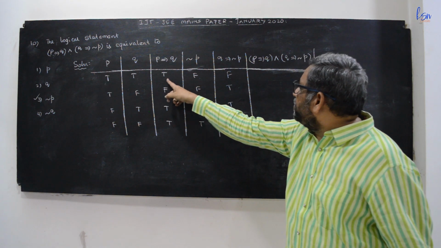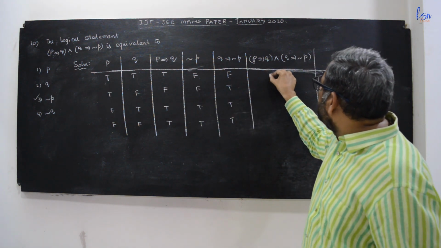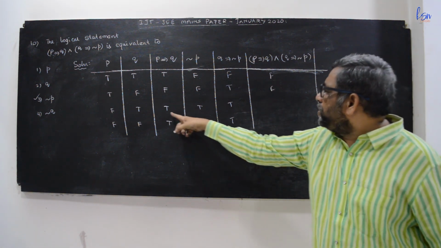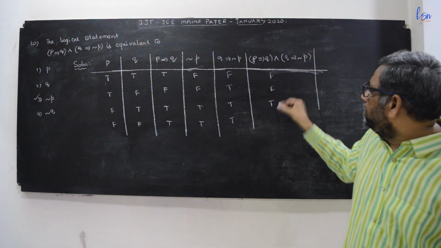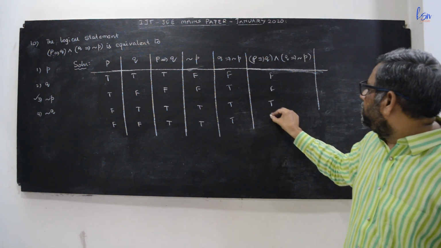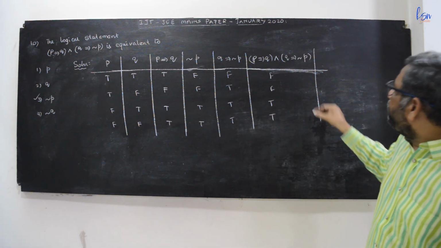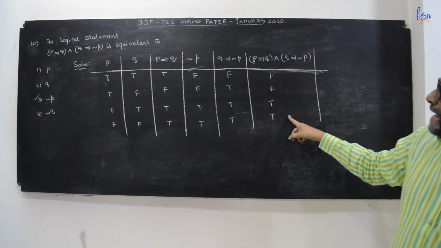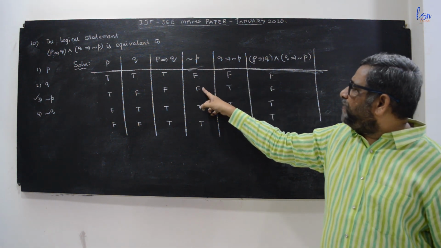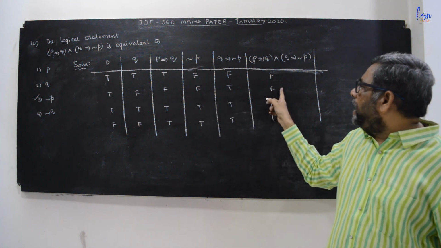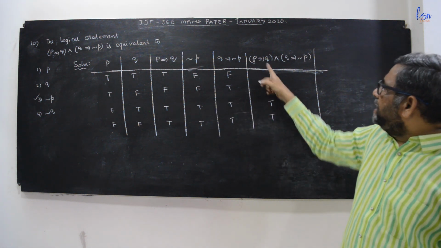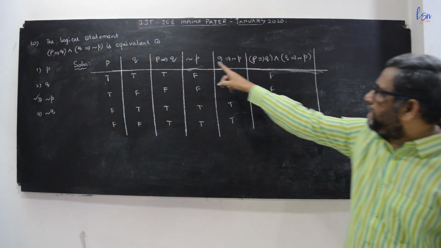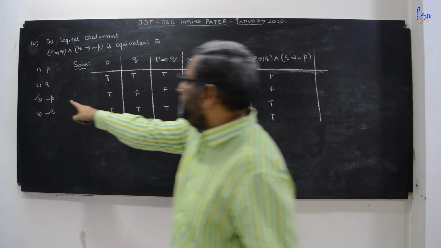So P implies Q, true and false, false. False and true, false. True and true, true. True and true, true. So this is the final column: false, false, true, true. It is same as the negation P. False, false, true, true. So these two are logically equal. Therefore, P implies Q and Q implies negation P is same as negation P, which is the third option.